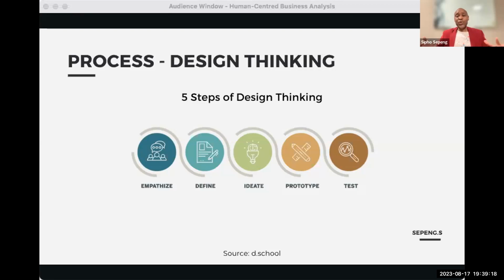And so once we have those insights, imaginative insights at that, we've got a gem to work with when we move on into the ideate phase.